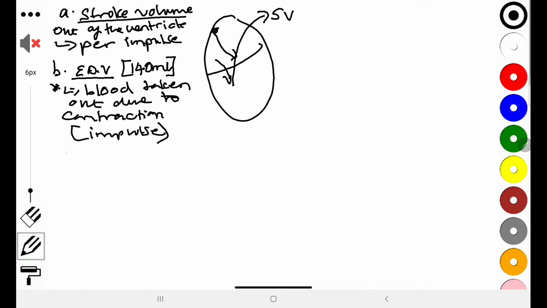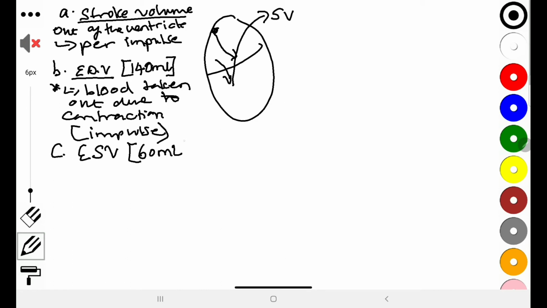Okay, so this brings us to C. The portion of blood that remains in the ventricle after contraction is known as end systolic volume, or the volume at the end of contraction. So this is what would have remained after stroke volume. So let's say it's 60 mils.